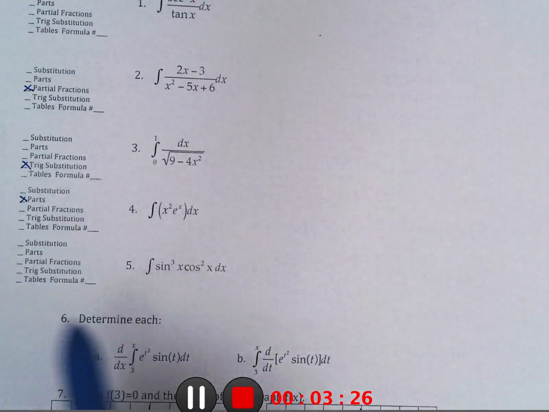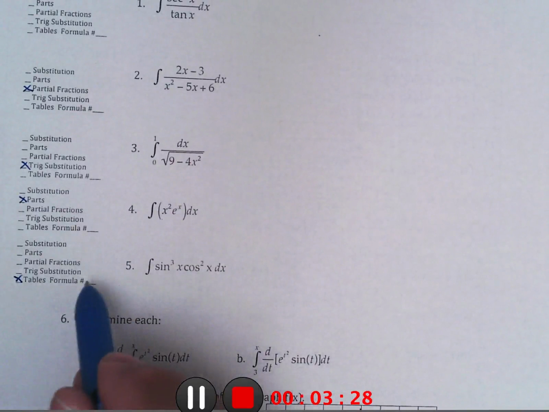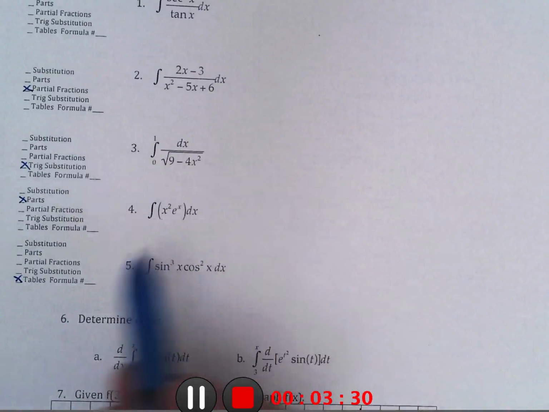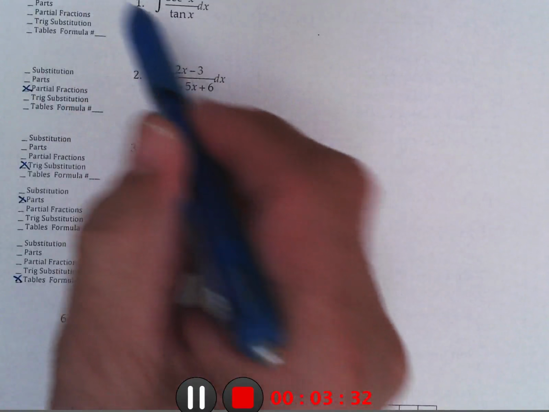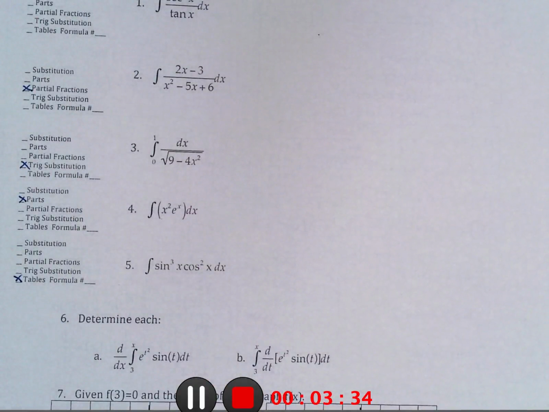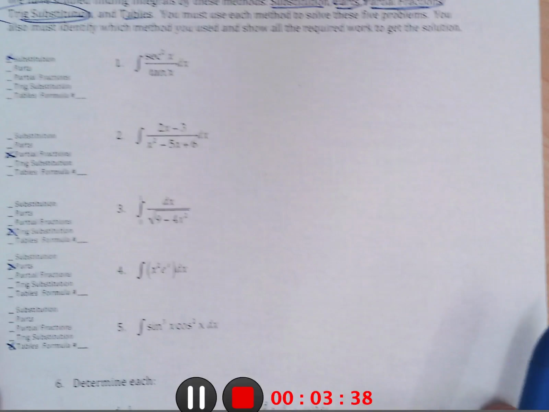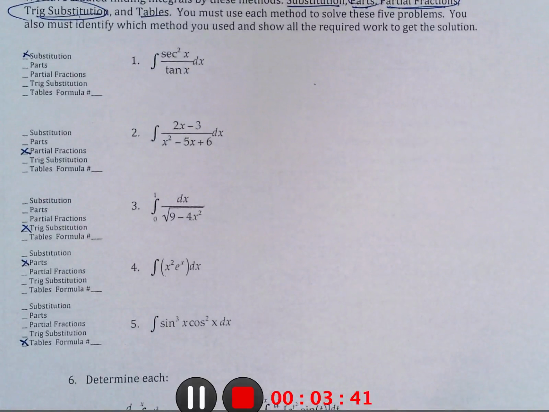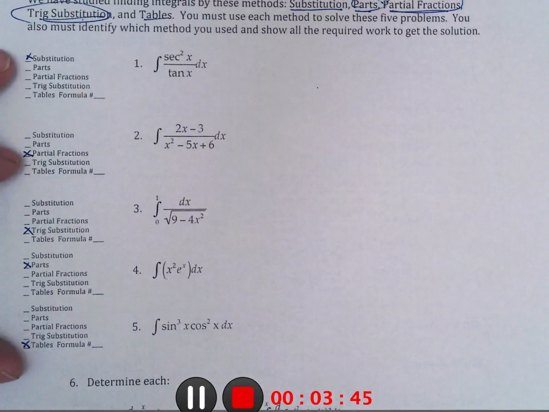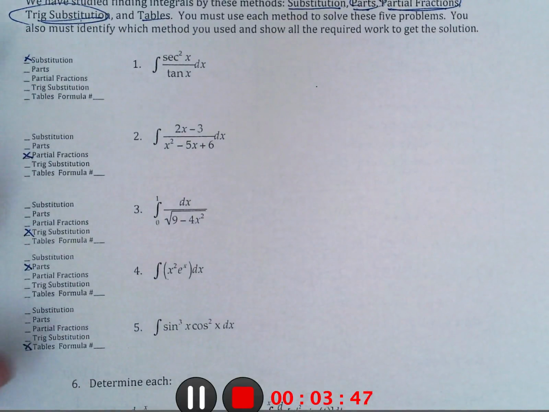So I'm going to use the table on this one, and I'll figure out which formula here, the number of it, in a moment. So I think I've got a plan made up for doing my first 5 problems. That's the first thing you want to do when you're taking this test, is make a plan. If this is a good plan, you'll get points for making these choices.